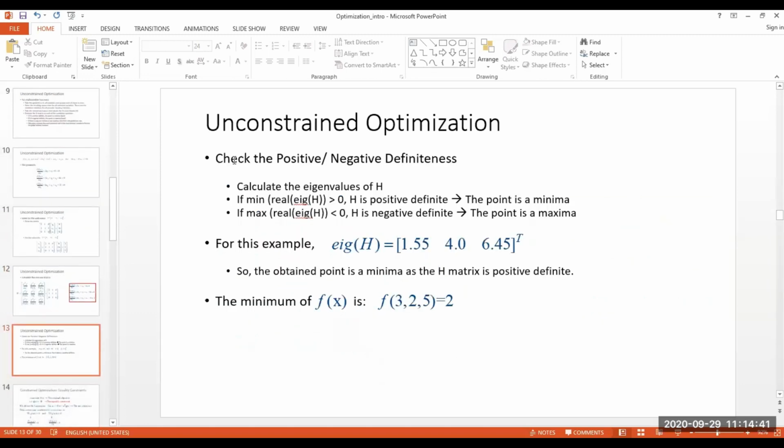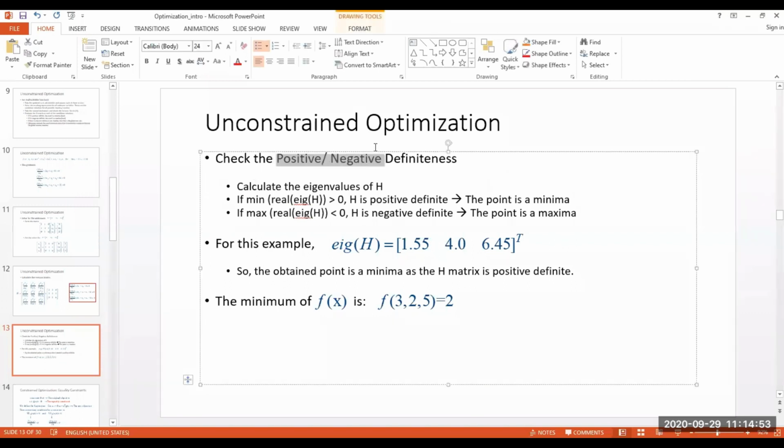And now to check the positive or negative definiteness, you have to calculate the eigenvalues, okay. We talked about eigenvalues, and about how to find out positive and negative definiteness. Then these are the conditions.